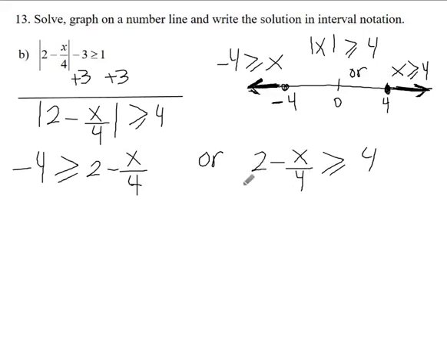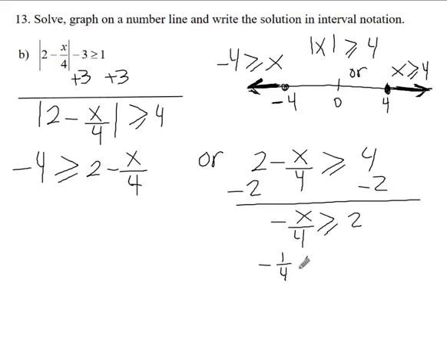On the right hand side, I can go ahead and subtract 2 from both sides of the inequality. I get minus x over 4 greater than or equal to 4 minus 2, which is equal to 2. Now the coefficient of x here is minus 1/4. This is like we have minus 1/4 x greater than or equal to 2. To eliminate that, I need to multiply both sides by minus 4 over 1.